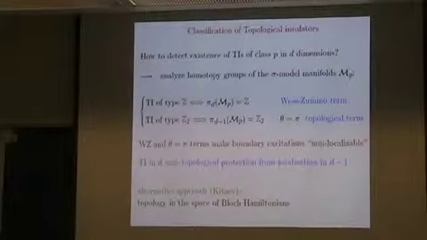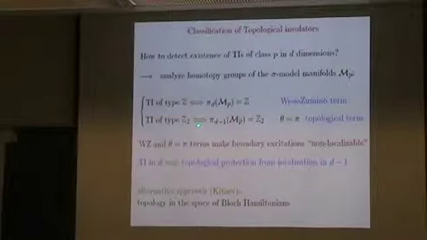This is, for example, the term that protects edge states of the quantum Hall effect from the point of view of the sigma model. The existence of this term on the boundary corresponds to the existence of the theta term in the quantum Hall effect in the bulk. The theta term in the bulk corresponds to the Wess-Zumino term on the boundary in topological insulators.